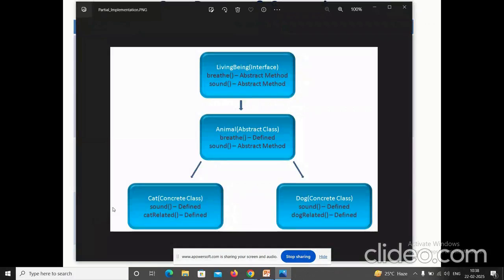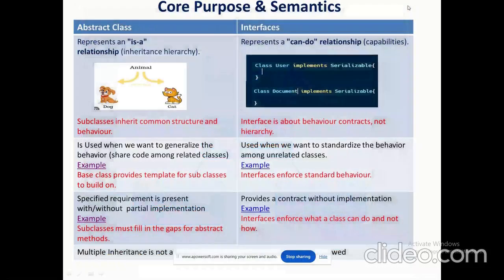Here in this example, we see that animal class defines the breathe method concretely but leaves the make sound method abstract, forcing the class cat or dog to implement accordingly. The key point here to understand is the subclasses must fill in the gaps for the abstract method, whereas interfaces provide a contract without implementation.